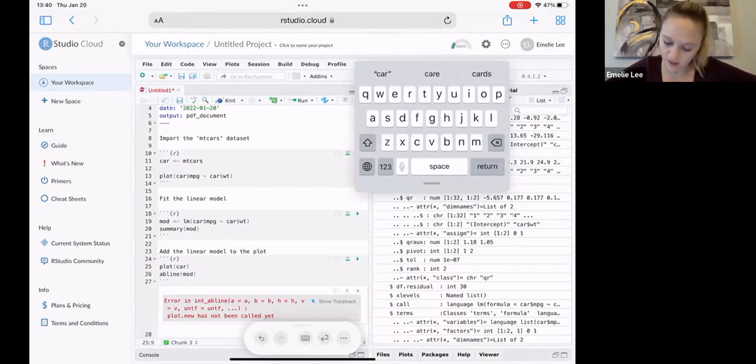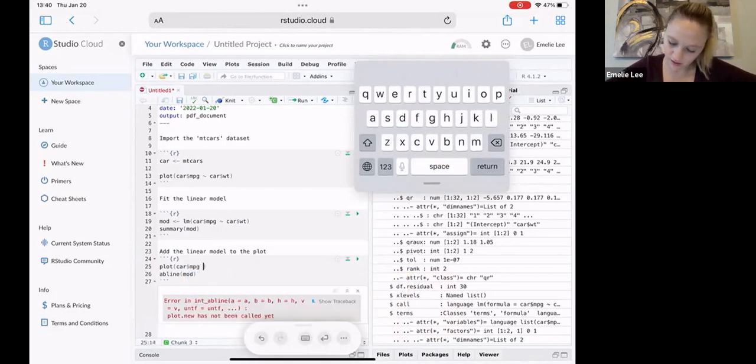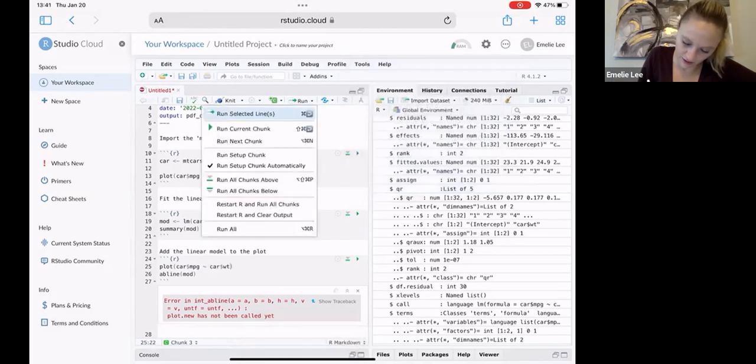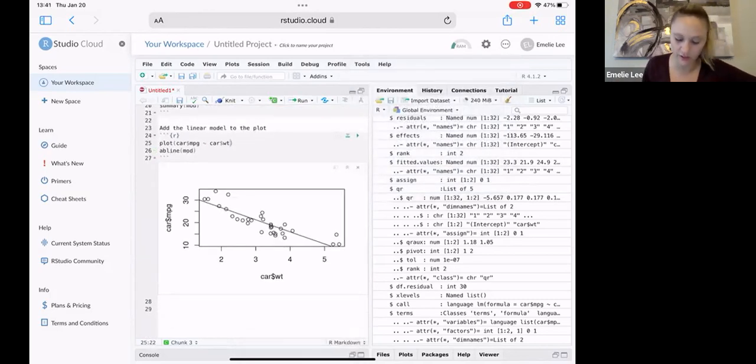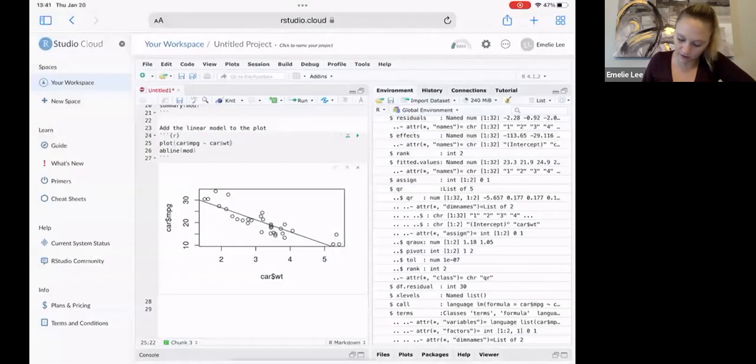So car$MPG. I'm just going to generate the plot first because that's what it's complaining about. Car$weight. Okay. And now if I run the current chunk, it should just do it. Okay, and so that would be the line that we fit. So that is the model. Save.